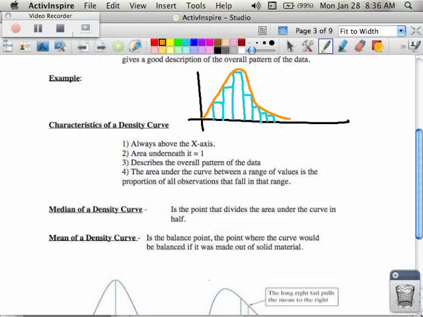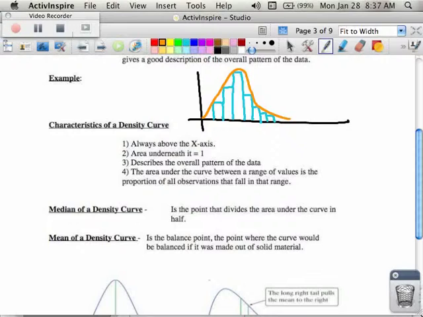Number 3, it's going to describe the overall pattern. So we've talked about mean, we've talked about medians, we've talked about skewness, that kind of thing. Right? So it's describing that. And last, the area between any 2 values is the proportion of observations in between those 2.